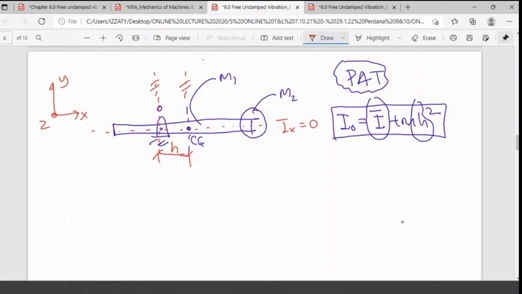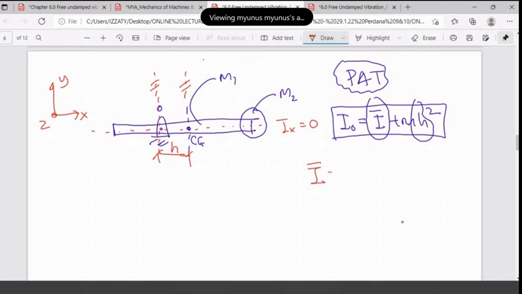Only Iy and Iz. Am I correct or not? Is it the same thing that you learned in dynamics, or do you feel there is another theory here? Am I correct or not? Yes or no? Correct, yeah.